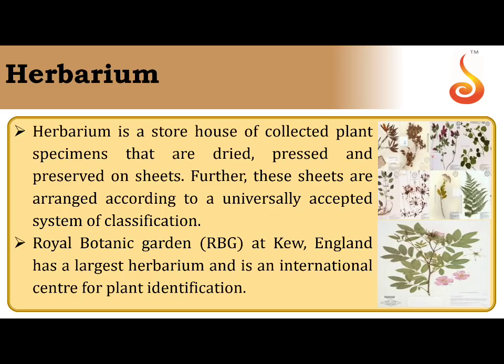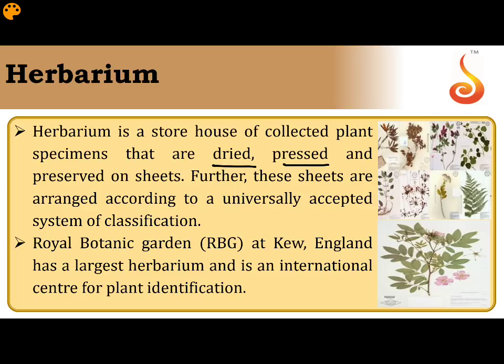Then we move on to herbarium. In a herbarium only plant species can be stored, because we collect the plant, dry it, press it and stick it on a sheet and then we classify it.